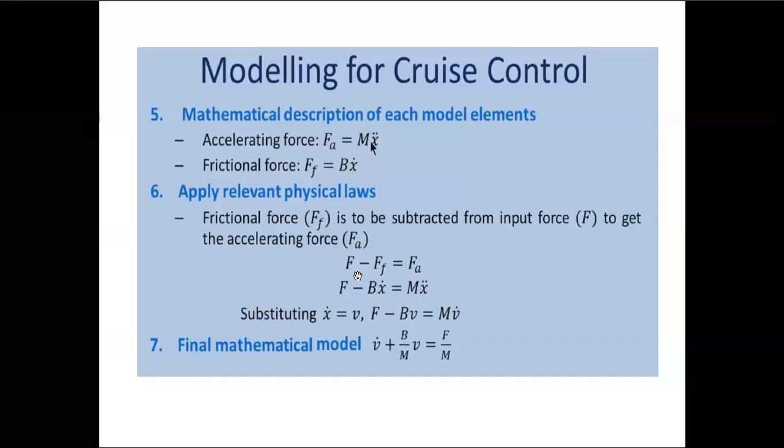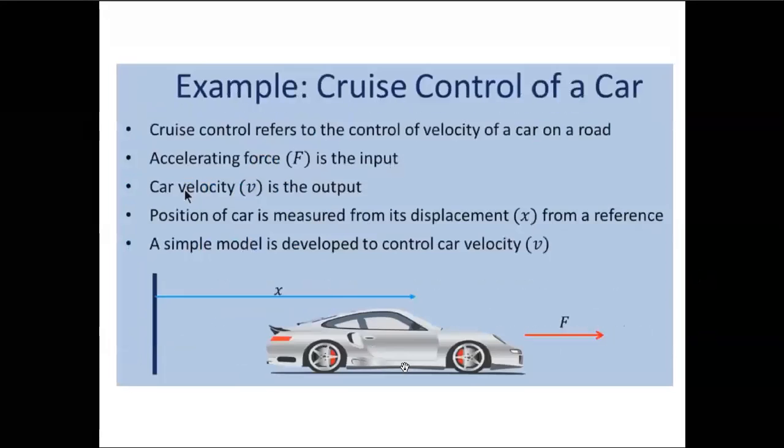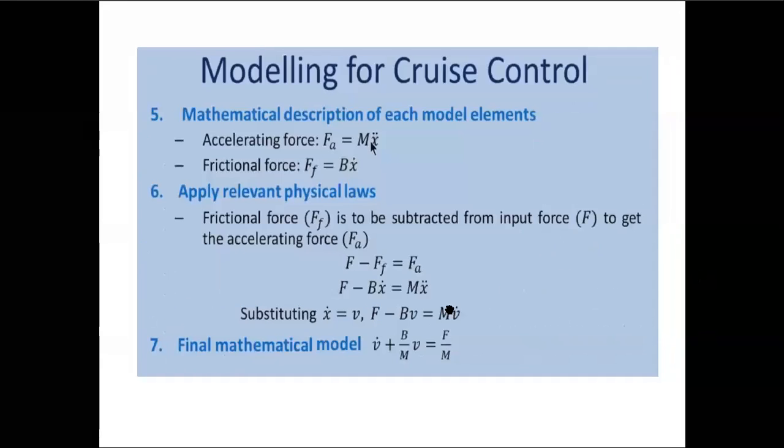But let us say my variable of interest is velocity. So let us translate the parameter x into velocity. What is the relationship between velocity and displacement? V equal to dx by dt, and a equal to d square x by dt square.